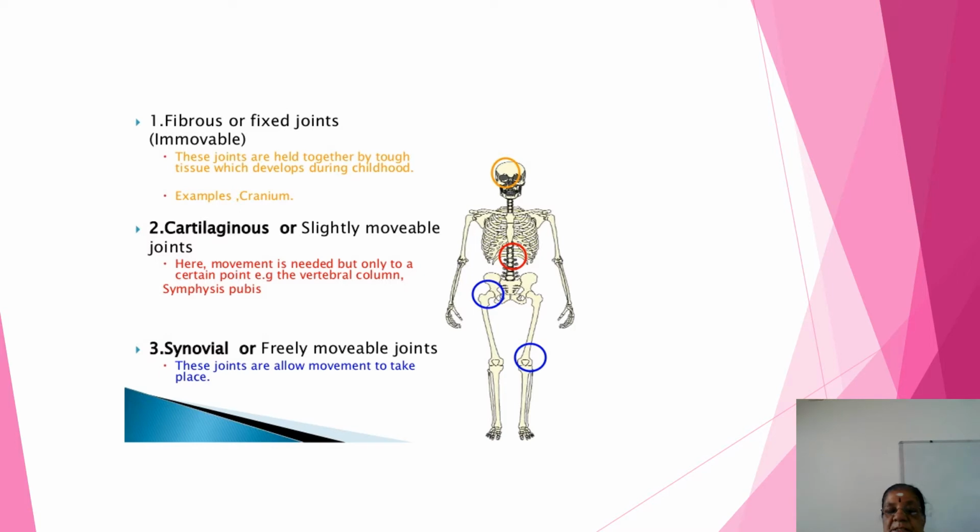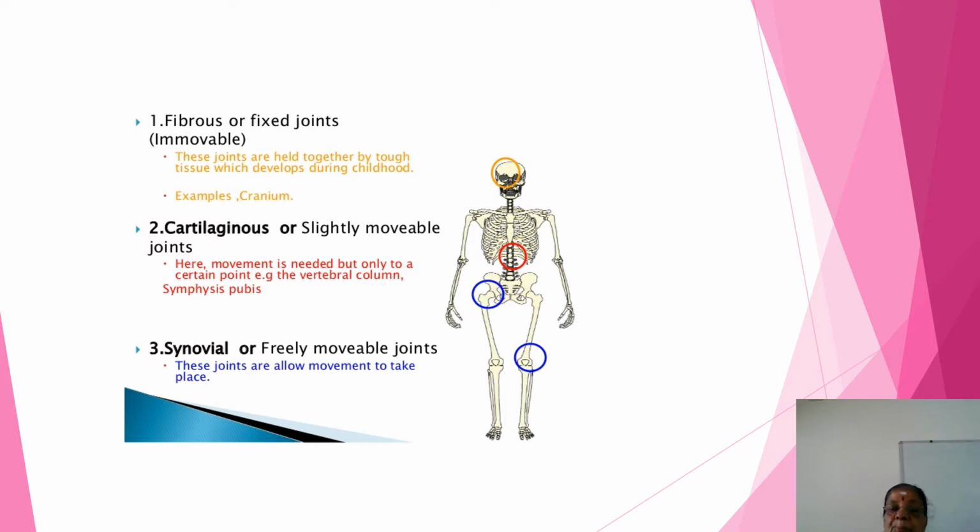I hope you understand. Now look at this picture: in the head, the orange circle on the skull is the immovable joint. Then behind the rib cage, the red circle on the vertebral column is slightly movable.